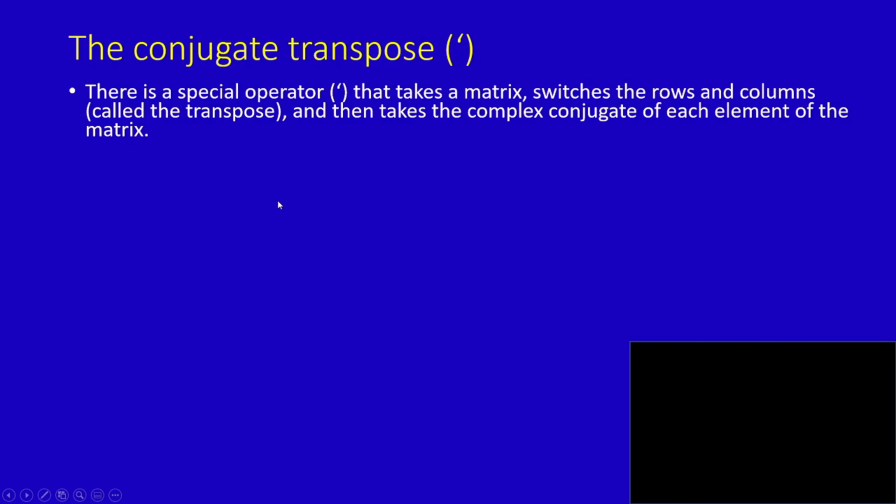So for a complex number of the form a plus iy, what that does is change it to the complex conjugate, a minus iy. We'll get to that later. For real matrices that just contain real numbers and no complex numbers, this is the same as the transpose, which means switching the rows and columns.